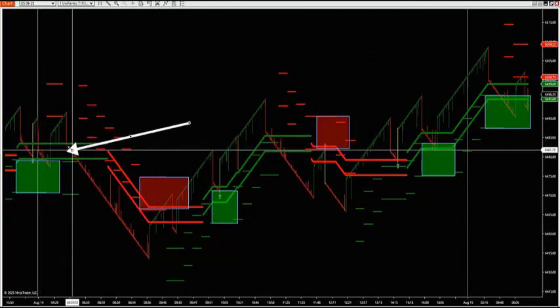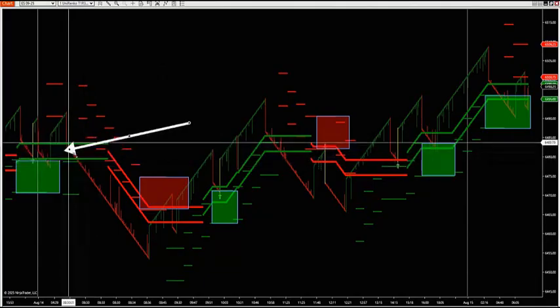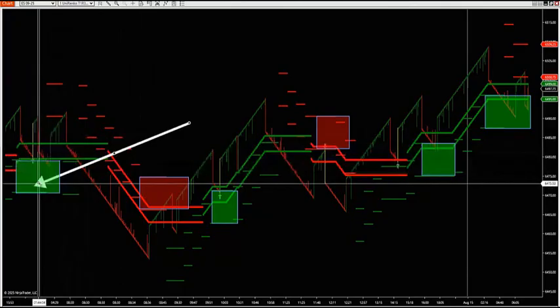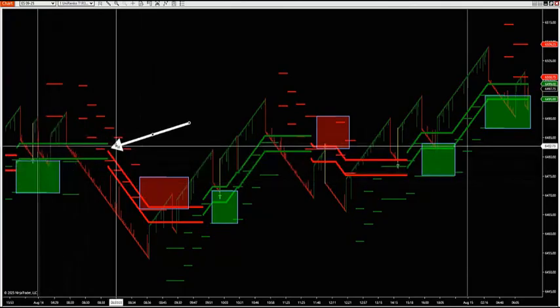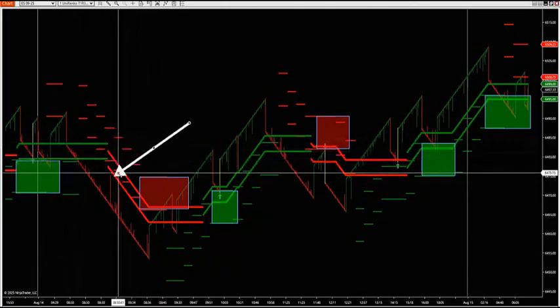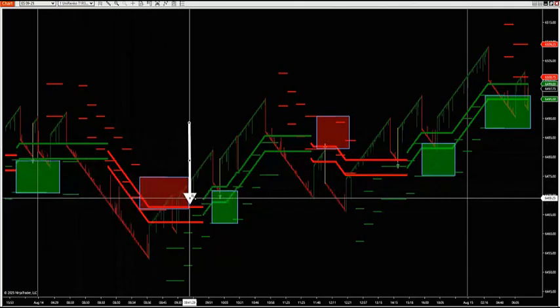So if we are a green trend, we're looking to retrace into these buy and sell zones. Now, there's two buy sell zones. There's my trend filter by itself with these red parallel lines and green parallel lines.